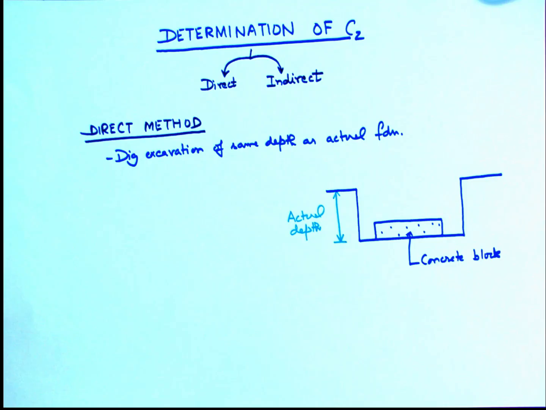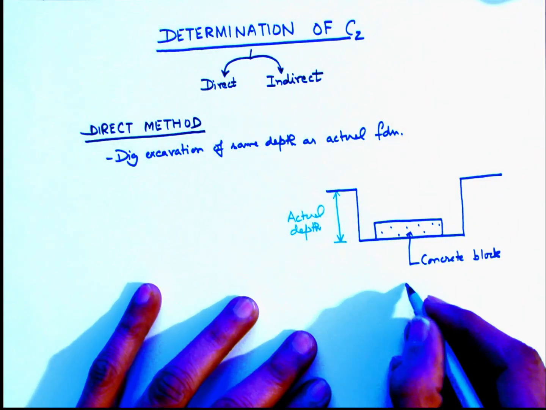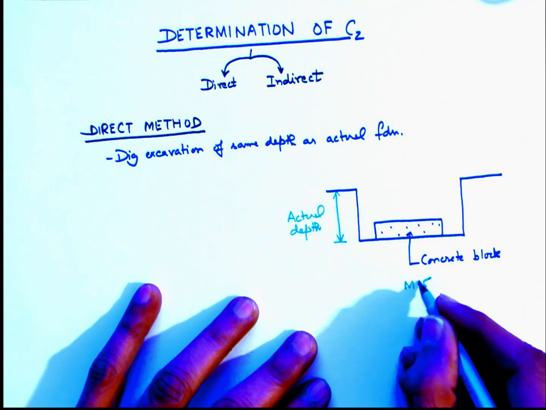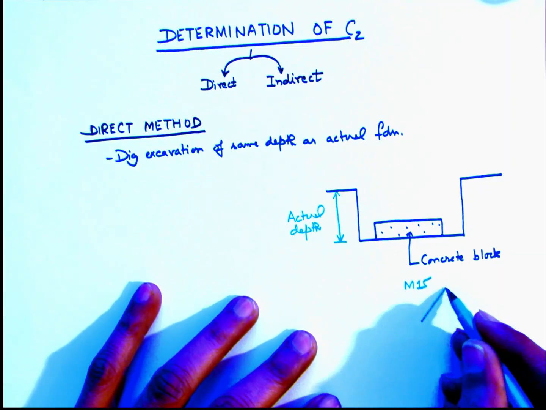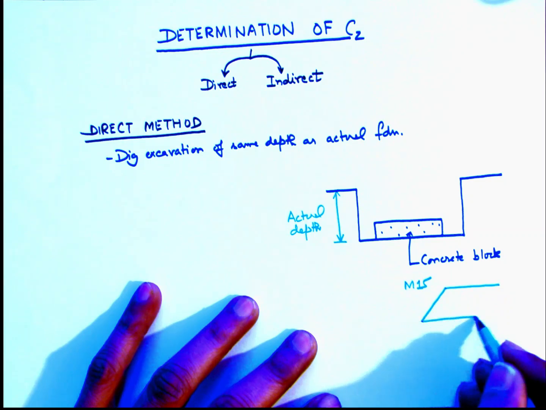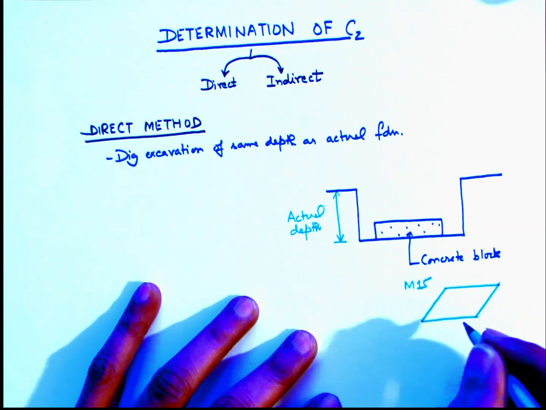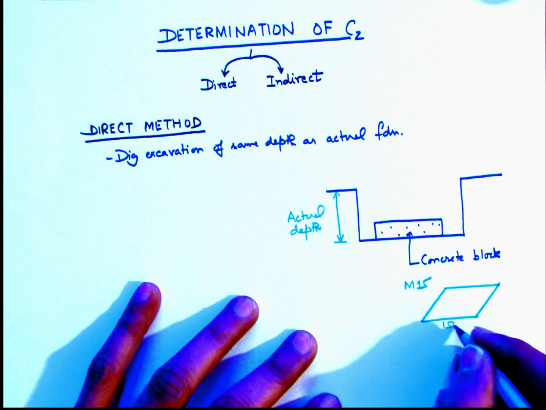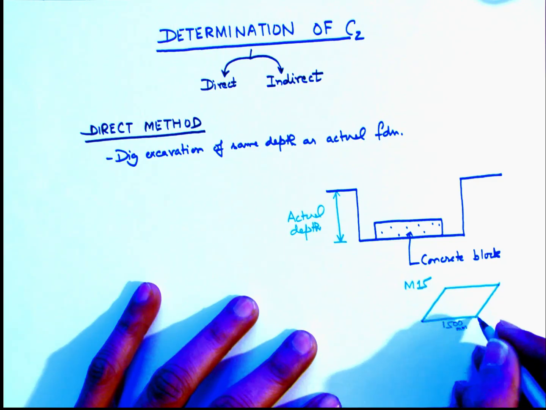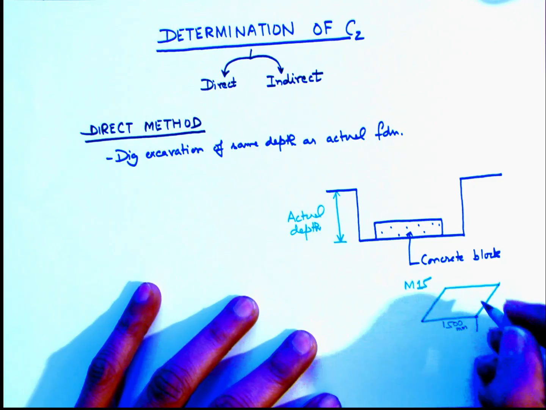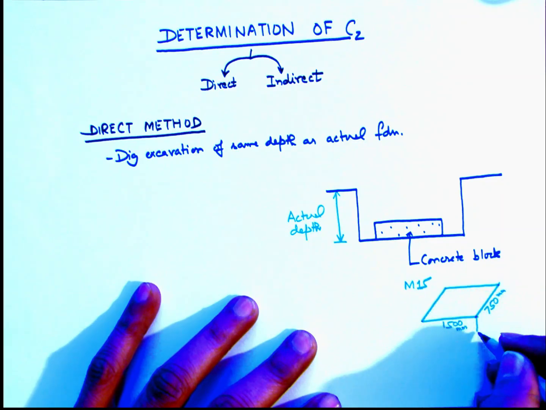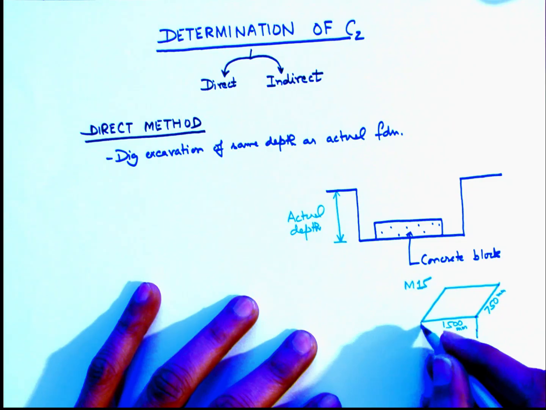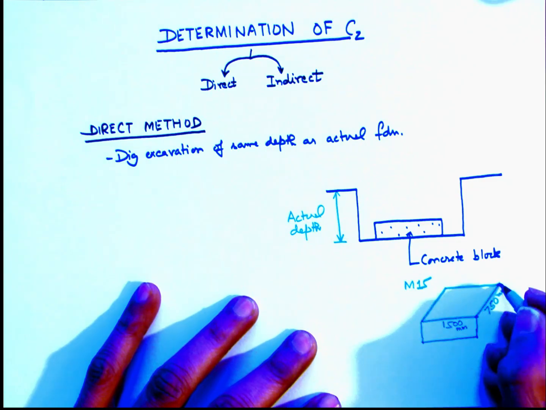As per IS 5249, the concrete block should be of M15 grade. It is supposed to have very specified dimensions. It should have a length of 1500 mm, width of 750 mm, and a thickness of 700 mm as shown here.